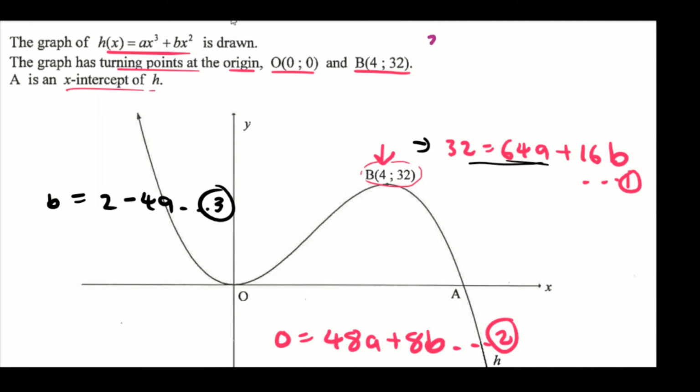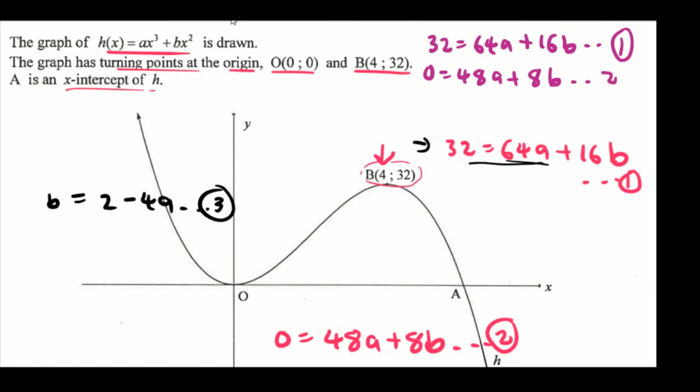We have 32 equals 64a plus 16b, so this is equation 1. We also have 0 equals 48a plus 8b, so this is equation 2, and then we have b equals 2 minus 4a, this is equation 3.